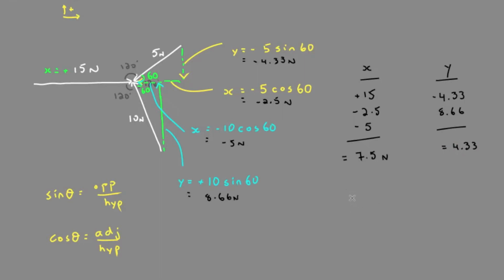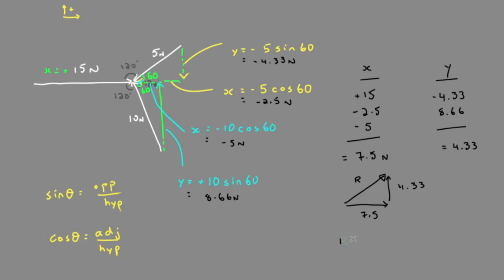So if we want to find the resultant, we can now draw our positive x is 7.5, so that would be to the right. Our y is also positive, so that would be up. So we defined up and to the right as positive. These are our x and y components. And we can find our resultant now. The resultant is found using the Pythagorean theorem.